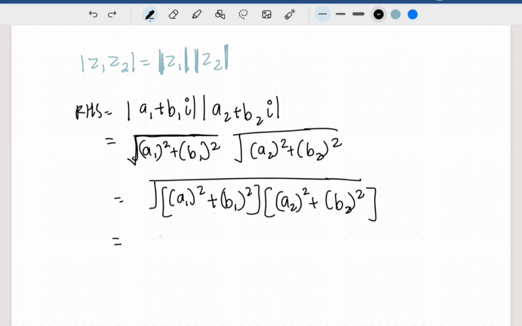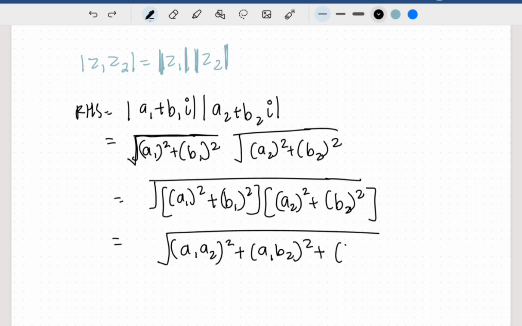Close that bracket. Simplifying this, we get a1 a2 squared plus a1 b2 squared plus b1 a2 squared plus b1 b2 squared. And this is the right hand side.